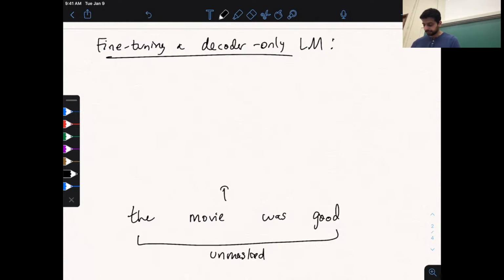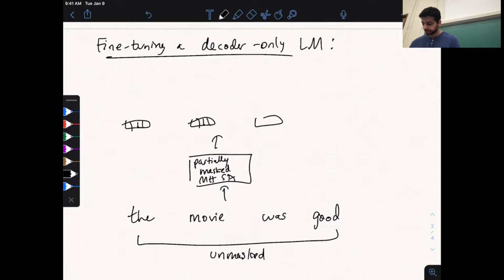So we'll feed it to our partially masked multi-head self-attention. And I get some vectors here. And again, these can all see each other because I assume I have the full input text.